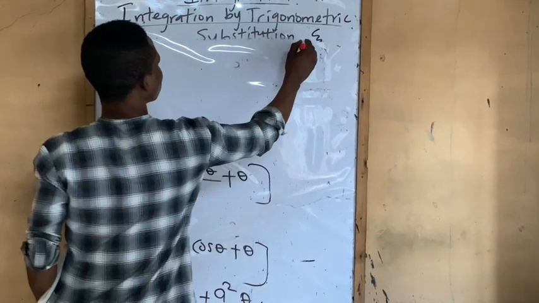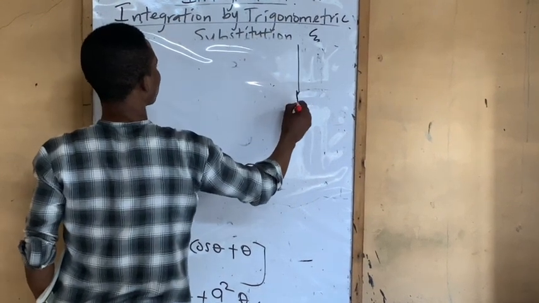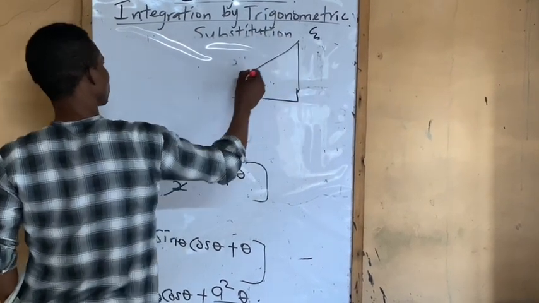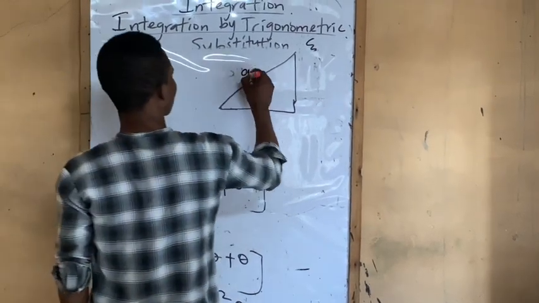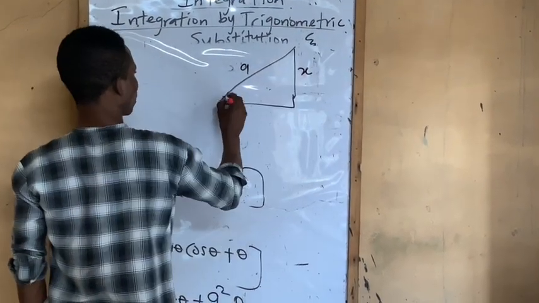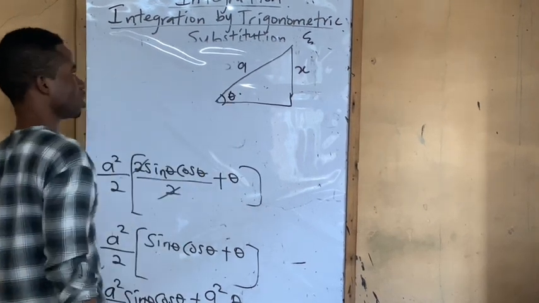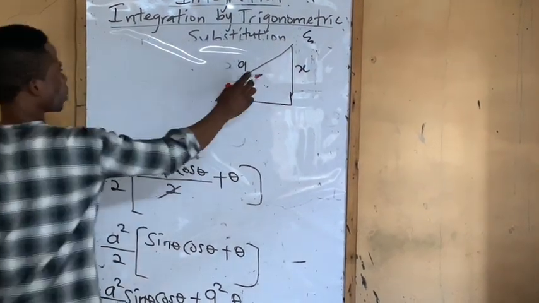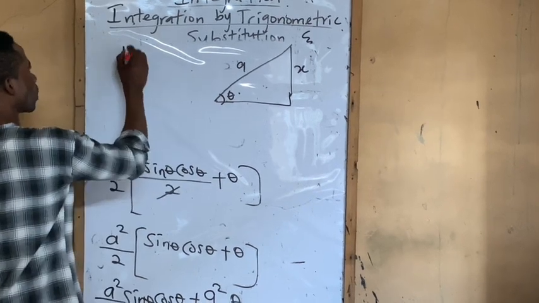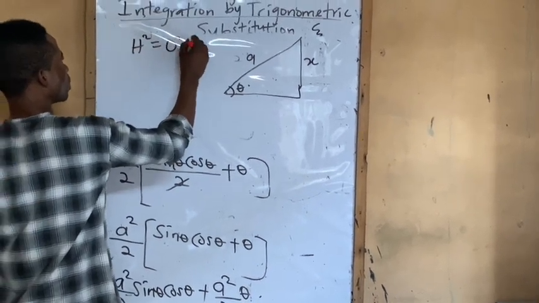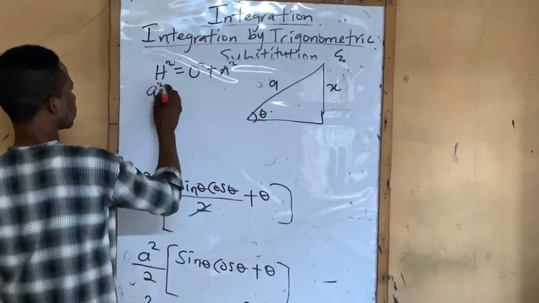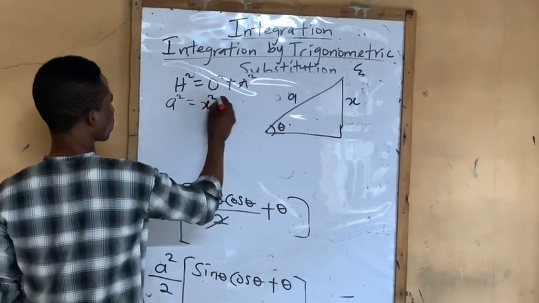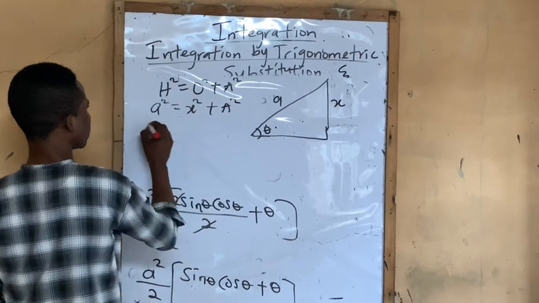Do not forget from the beginning, the triangle we have is like this. We have a here, and we have x here. We have our theta here. And if I use Pythagoras theorem, I need to get this. The Pythagoras theorem: if the hypotenuse is a and the opposite is x, then a squared minus x squared equals the adjacent squared.